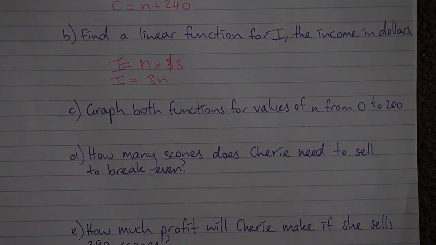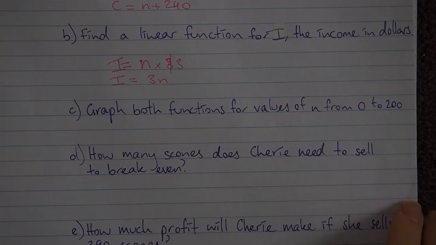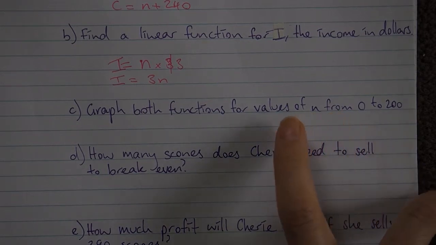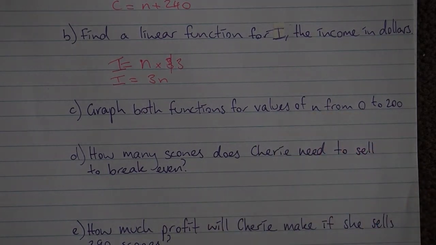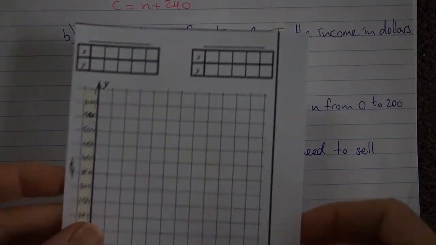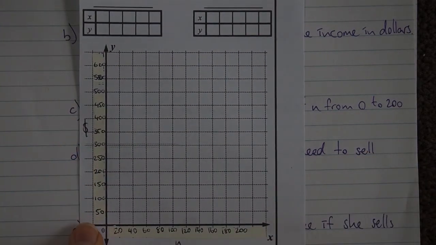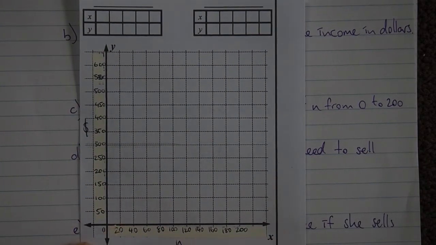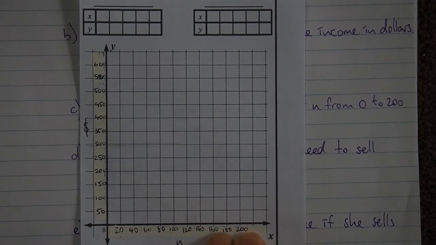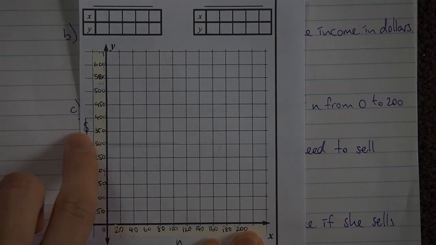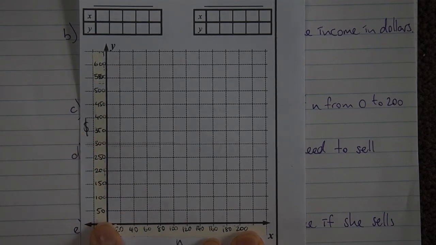They've been quite kind in this question, and they're asking us to graph for particular values of N. Sometimes you do need to work out what would work best for you in terms of your graphing. But I've got a grid here where I've got my N values all the way up to 200. I've just gone up by 20s to fit them onto this graph, and then my dollar amounts are just going up by 50.